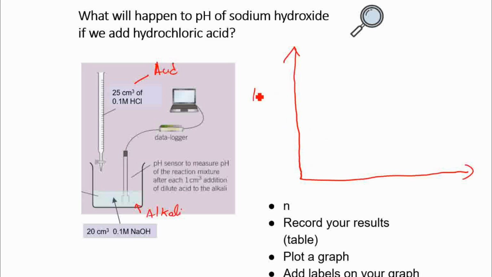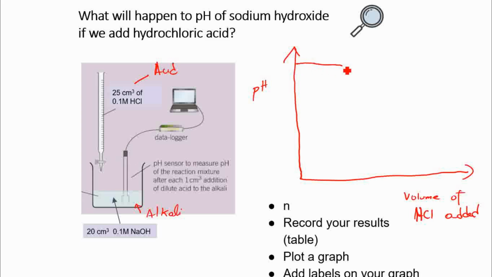So on this side it's going to be pH, and on this side of my graph it's going to be volume of HCl added. Okay, so my pH meter is inside my alkali, so it's going to start at a high pH.